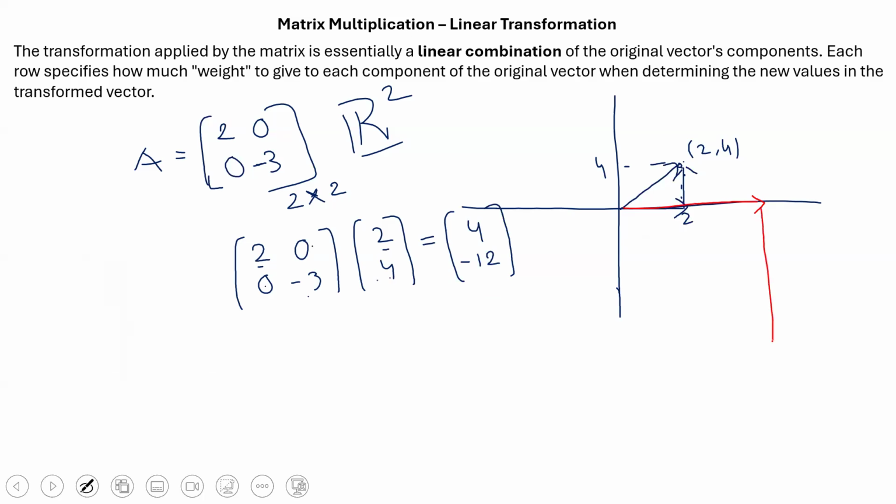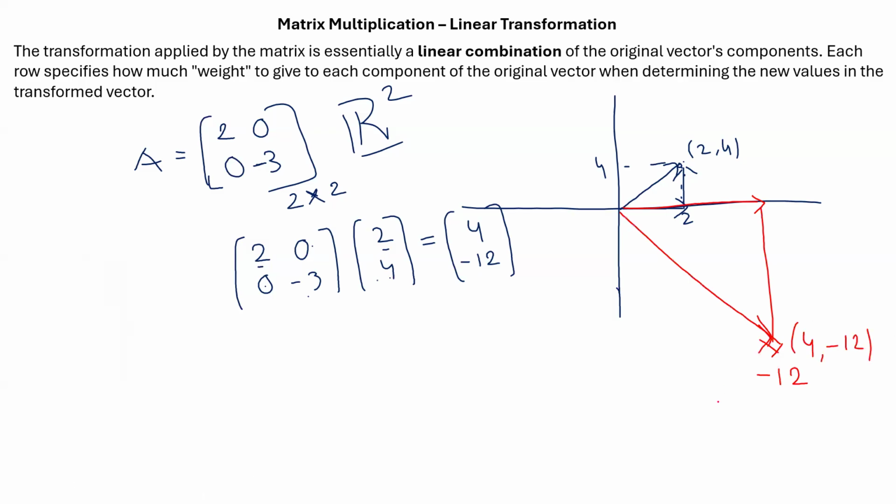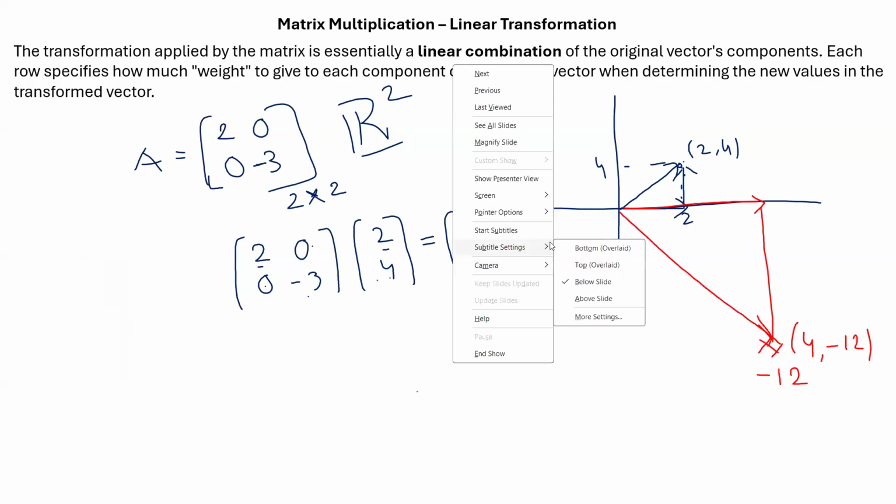Minus 12 would be something like this, and this is the resultant vector. This is the transformed point that we have got, 4 comma minus 12. So when this vector is multiplied with this matrix, this is the new vector that we have got. Understood?